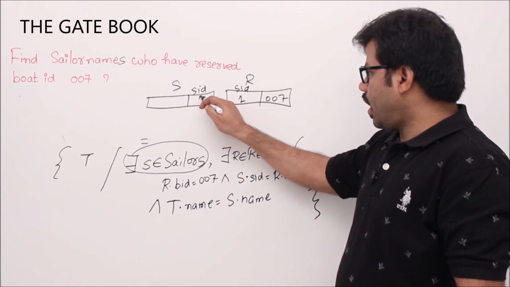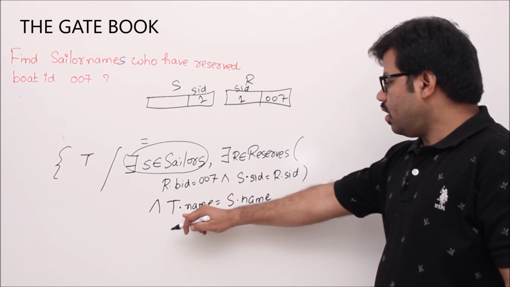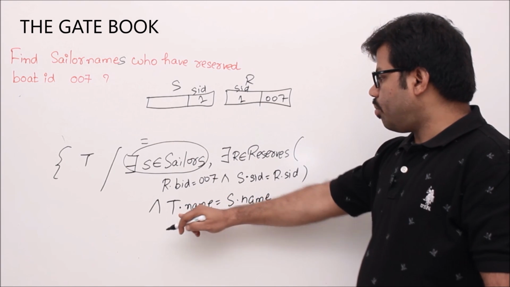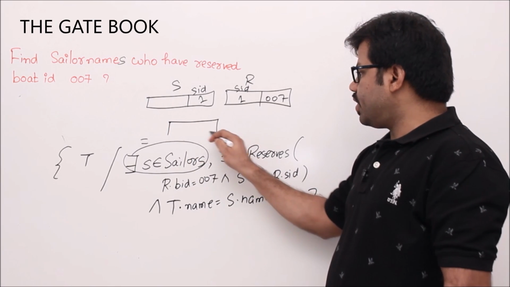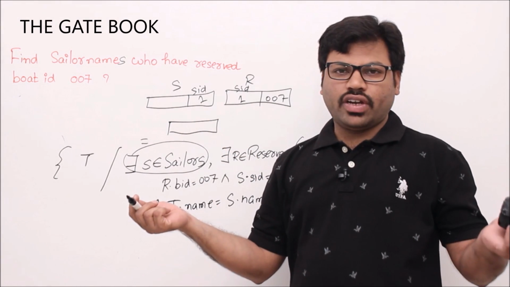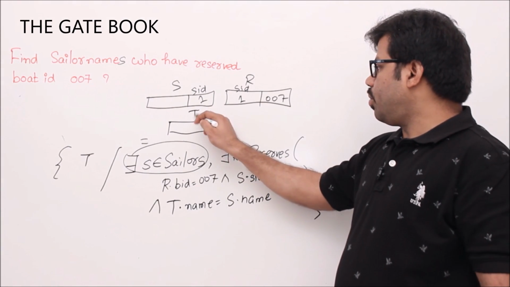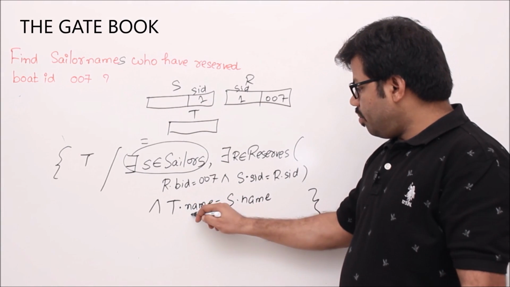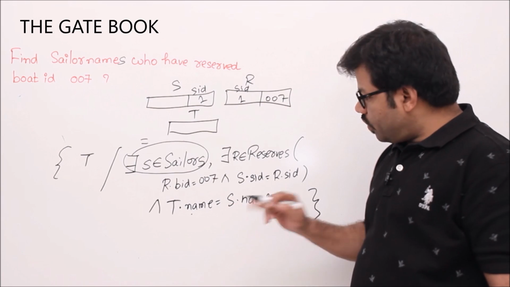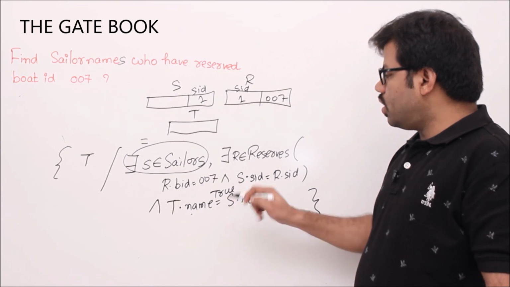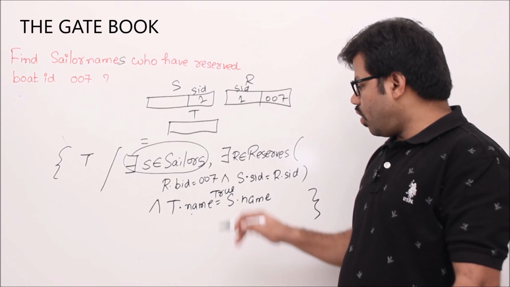Let's say if it happened, then simply one more thing should happen. There should be a temporary tuple T, which is called orphan tuple. No name for it. We don't know this tuple belongs to which table, but there is a temporary tuple called T. Its name equal to S dot name. Let's say if this is also true, then overall formula will become true. For that, what should happen?